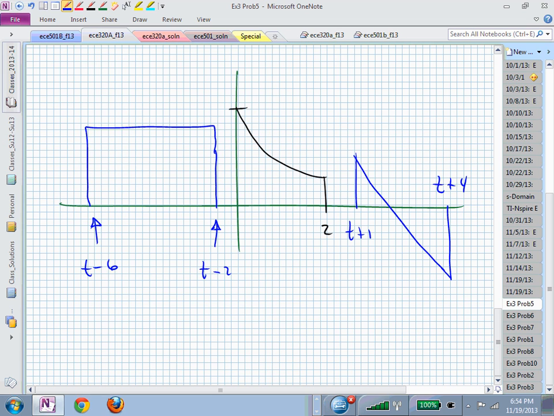Question? So now as I'm sliding this, when I'm sliding Z through H, what's happening?